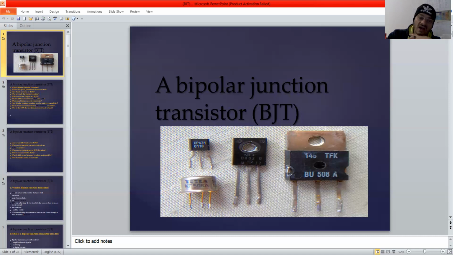Now we have another question. This question is talking about the difference between these two kinds of BJT. An NPN transistor has a base of p-type silicon, like I said before, doped between two terminals, the collector and the emitter. The base is sandwiched between two pieces of n-type silicon, the collector and emitter.